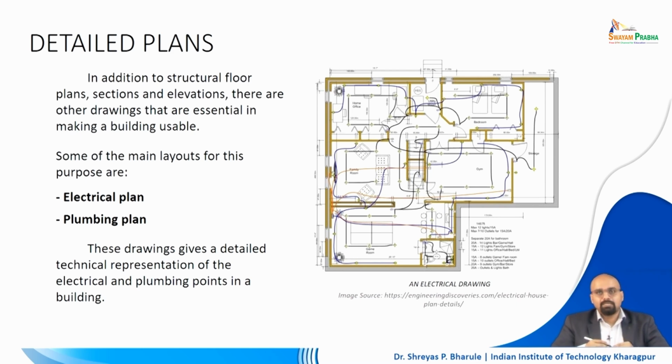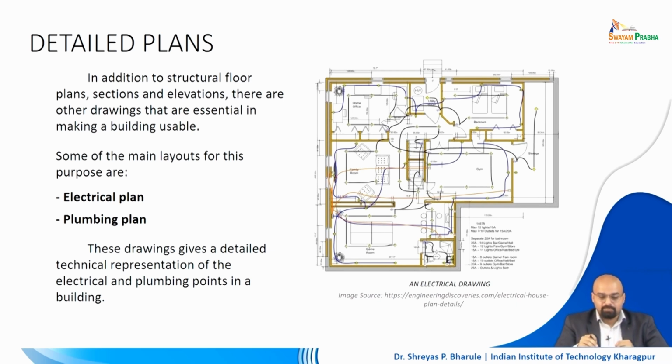So these drawings are nothing but a detailed technical representation of all the electrical and plumbing points in the building or the floor which is being constructed, right? This is an example of how a complete electrical layout drawing would look, right? You will have several different lines, several different fixtures being represented. Along with that, you have to mention the dimensions of how the lights are placed, how distant the lights are from each other, right?